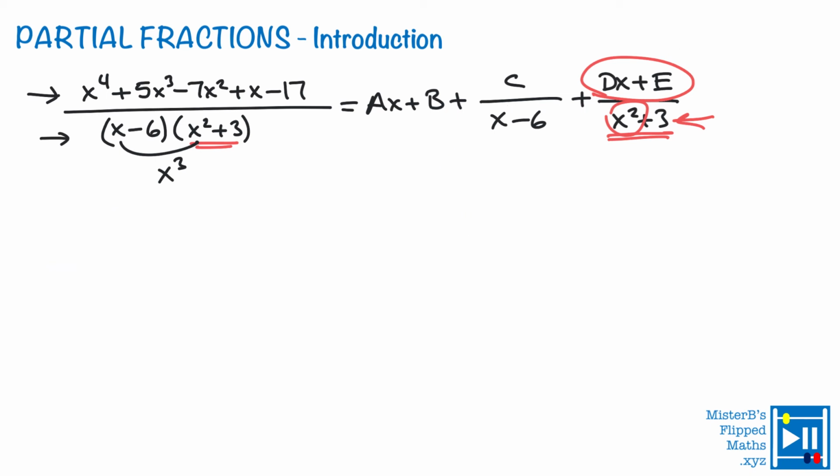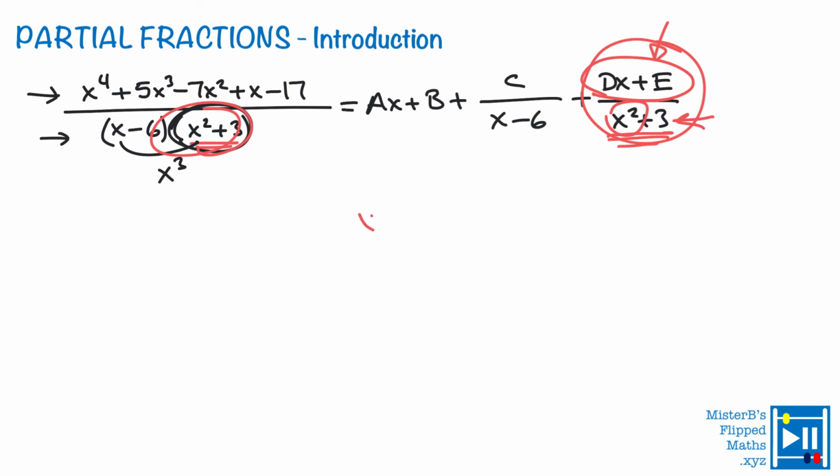So basically, if you end up with an expression which cannot be factored in the denominator, then you have to consider the top part of this partial fraction, where the denominator is this one, to be one degree less. So it's going to be dx plus e here, because this is x squared plus 3.